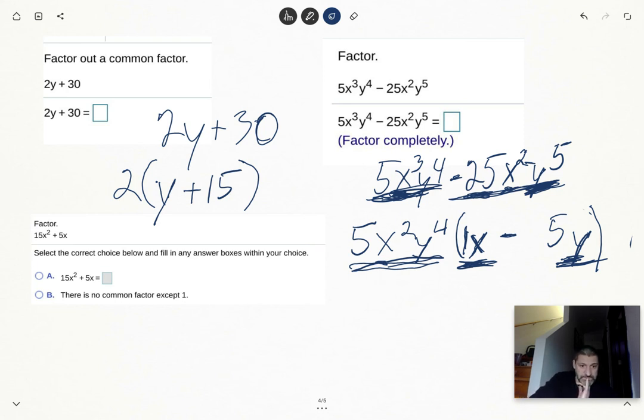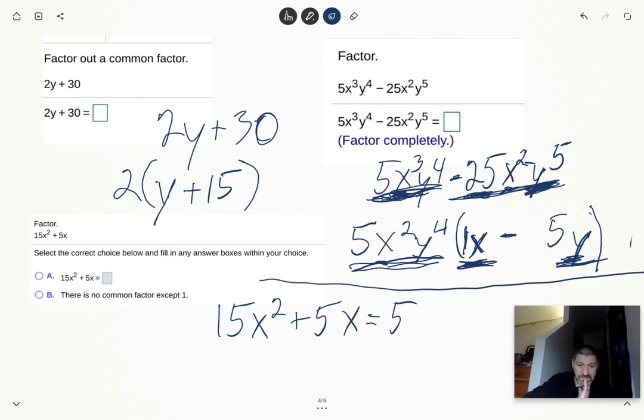So we have 15x squared plus 5x. What can I take out of both of those terms? A 5 is common to both. I take out a 5 from both terms. And they each have 1x, so I can take that out too.